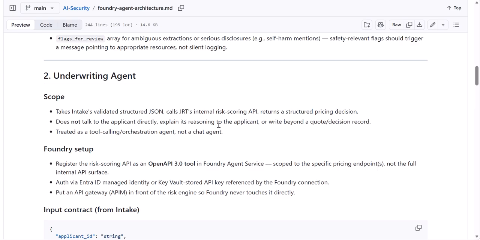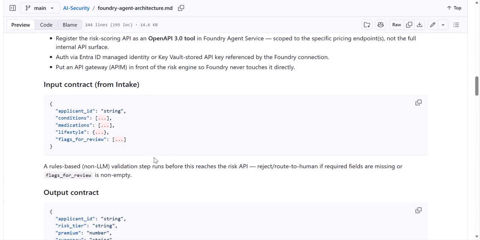The previous one is a chat agent, but this is a tool calling agent. Based on the requirement, it calls the tool. For example, a payment gateway tool is there. It will call, oh no, not this one. It is only underwriting, right? So it will only call the internal risk scoring API. I would skip the Foundry setup at this moment.